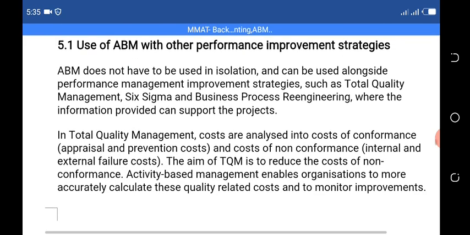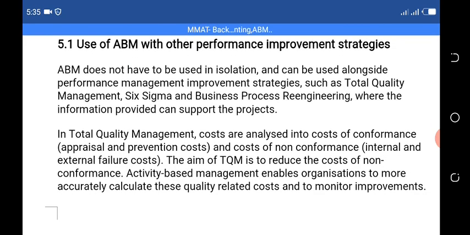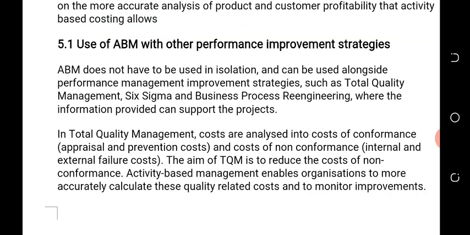Now, in total quality management, costs are analyzed into costs of conformance, like appraisal and prevention costs, and costs of non-conformance, which are internal and external failure costs.